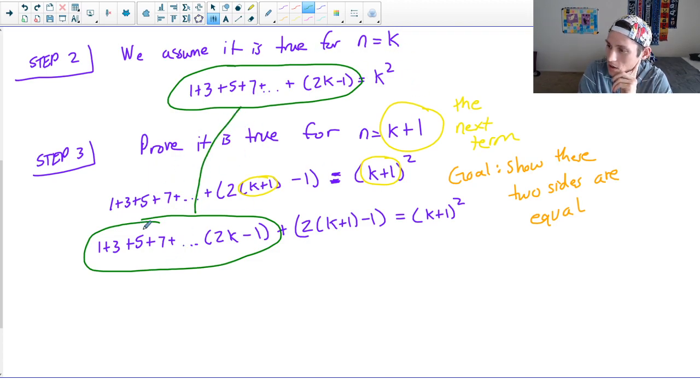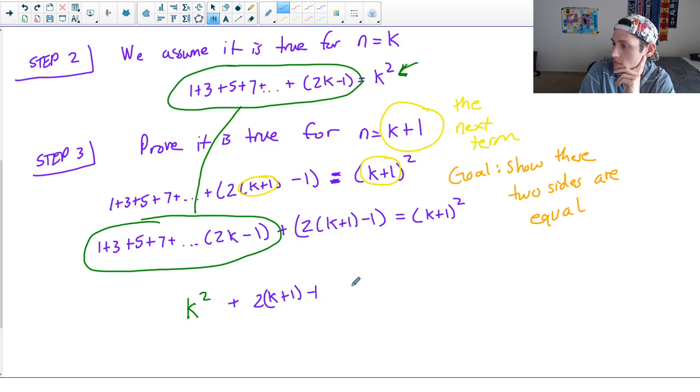And I already know that this stuff, from step 2, I already assumed that it's true that this stuff is equal to k squared. So actually, all this stuff that I just circled is k squared. Right, so I used my information from step 2 to say, hey, wait a minute, all of this stuff, I could just write that as k squared.